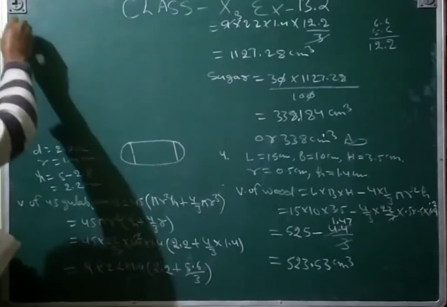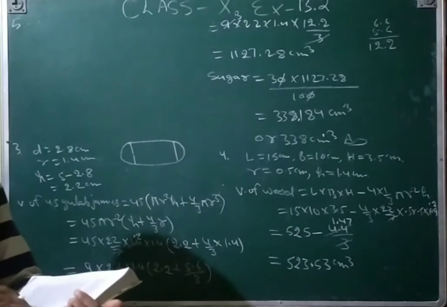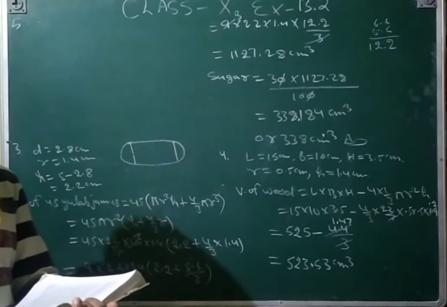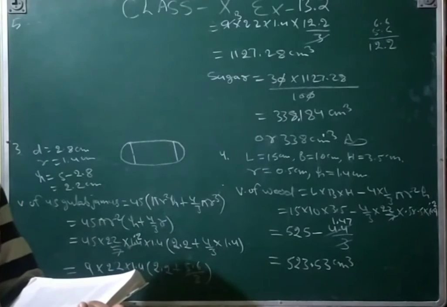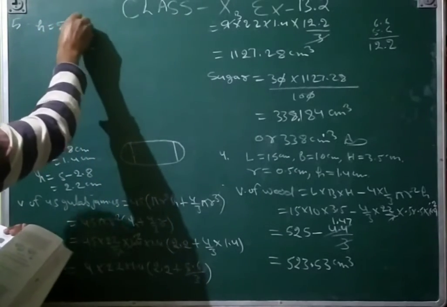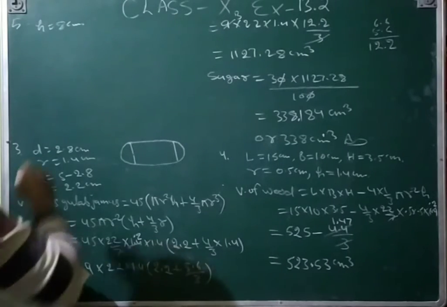And then question number 5. Question number 5 is that a vessel in the form of an inverted cone, its height is 8 centimeter. So height is equal to 8 centimeter and the radius of its top, which is open, is 5 centimeter.